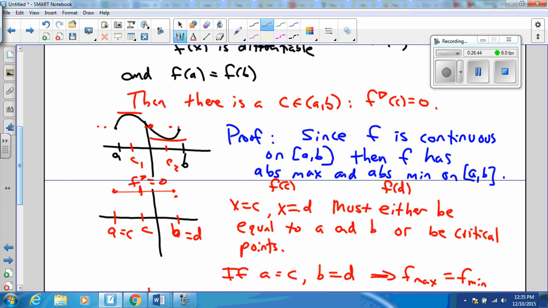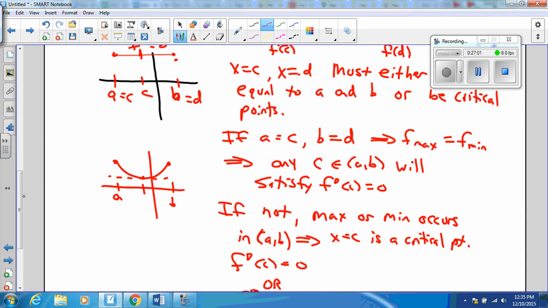Here is our concept. What we're doing is what you guys all did. We're taking a function where f of a equals f of b, and we're drawing a smooth curve in between. And what I'm saying is that if we're drawing a smooth curve in between, I've only got two ways to draw it. If I go straight across, what's the derivative at every single point? 0.